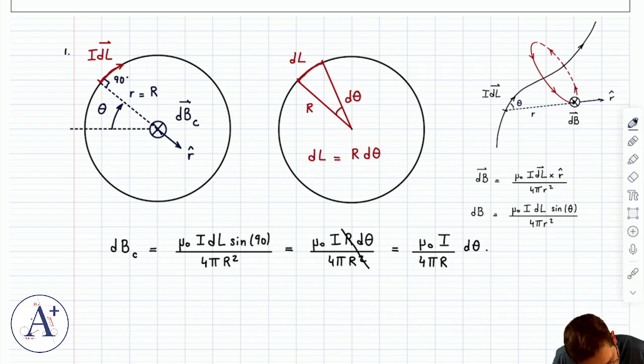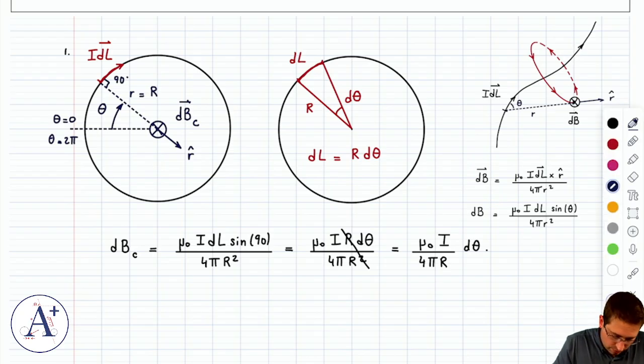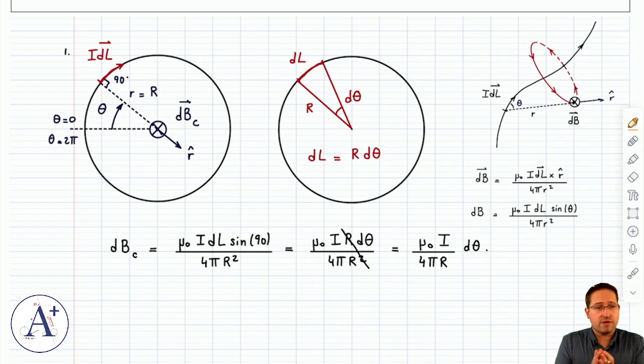And that means that theta is going to go from 0 all the way around to 2 pi to span the entire circle of current, the entire ring of current. So my bounds on theta are going to be 0 to 2 pi. Now, if you prefer to define theta with respect to the vertical, you may do so. You could say that this is theta. You're still going to find that theta has to go from 0 to 2 pi to make it all the way around the ring, so it's not going to matter.